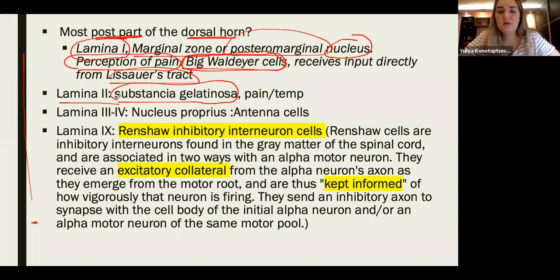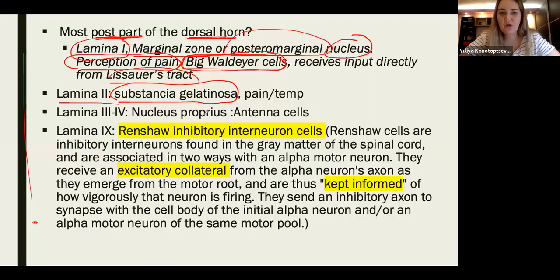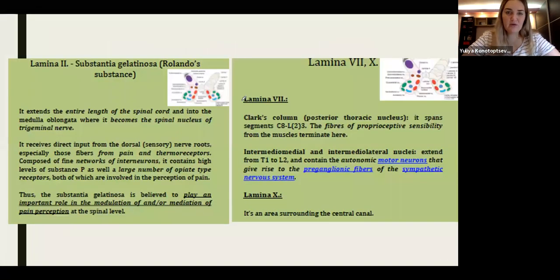Substantia gelatinosa consists of lots and lots of unmyelinated axons. These axons are responsible for the pain and temperature information. So they keep on sending the pain information.